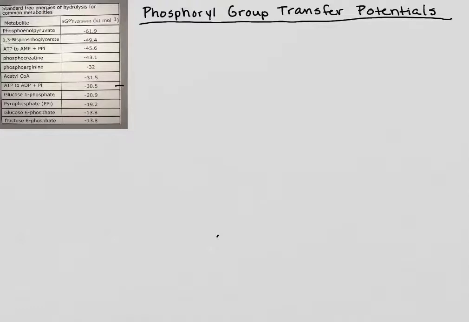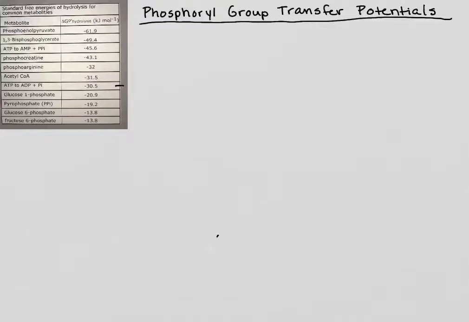And certainly we can look at the placement of that reaction on our phosphoryl group transfer potential and recognize that the energy generated, 30.5 kilojoules per mole, is certainly plenty to make glucose 1-phosphate. It only takes 20.9 kilojoules per mole to make that molecule from a single glucose, to phosphorylate it and make it glucose 1-phosphate. That's something that ATP can power.